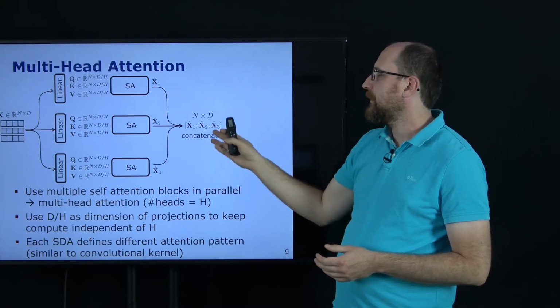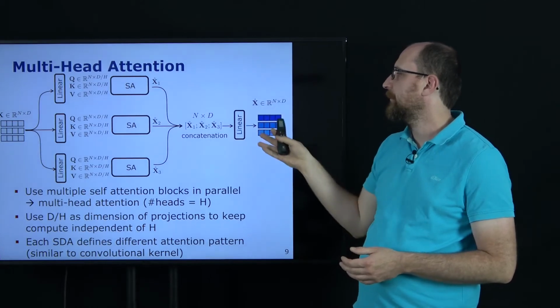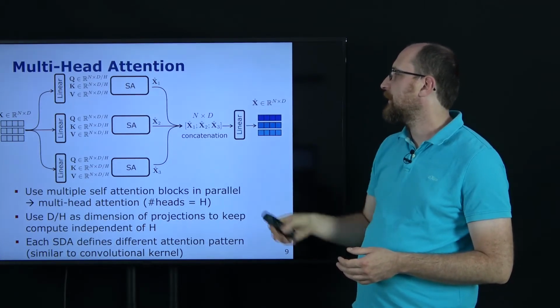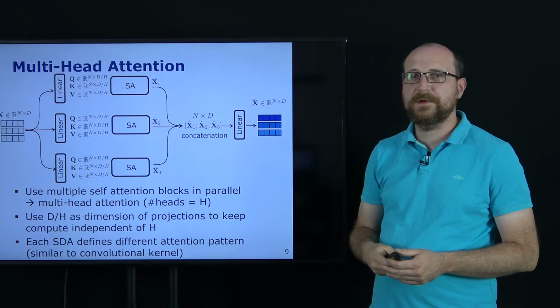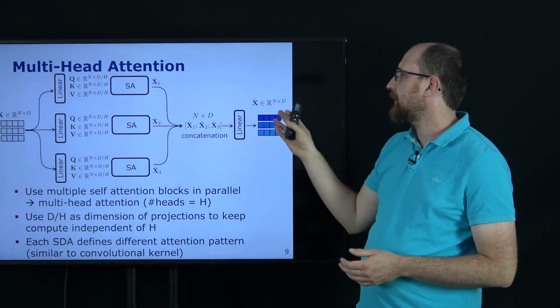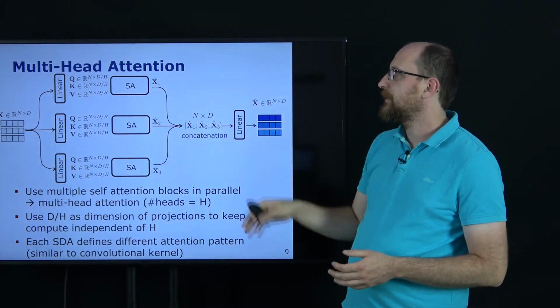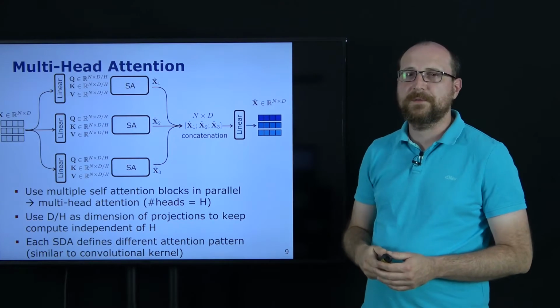We are just concatenating these vectors together and then have again a linear layer, a linear combination, that is giving us the desired output. And this is then the so-called multi-head attention head.